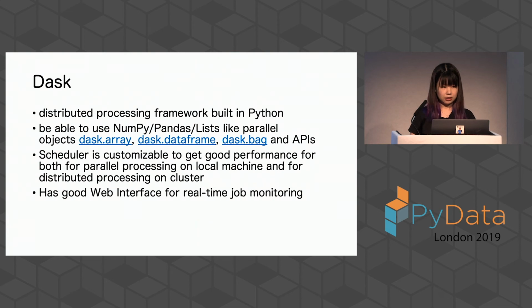Dask has a scheduler. The scheduler is customizable to get good performance for both parallel processing and distributed processing on a cluster. Dask has a good web interface for real-time job monitoring. This is the Dask scheduler.